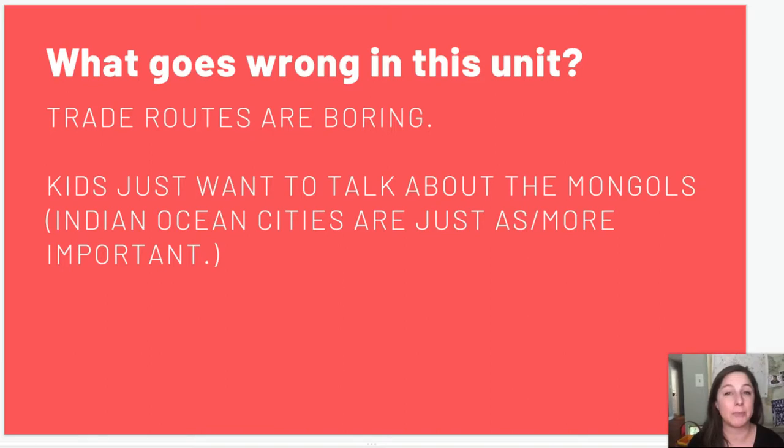I show clips from Moana to talk about navigation, right? I sing the clip of "we read by the wind and the sky," and they laugh. And we do anything that we can to try to get them more interested in these massive ocean trading routes that are really the thing connecting everything together.